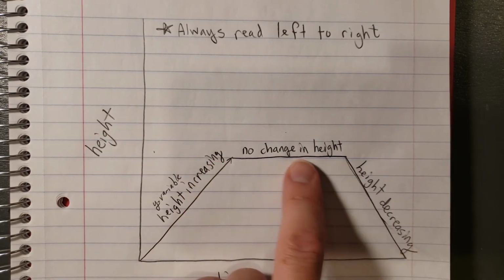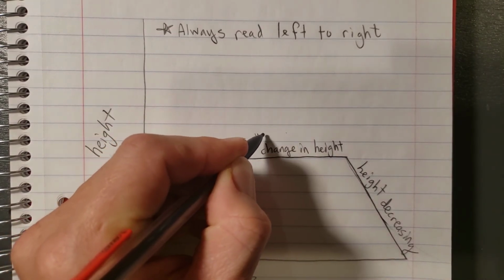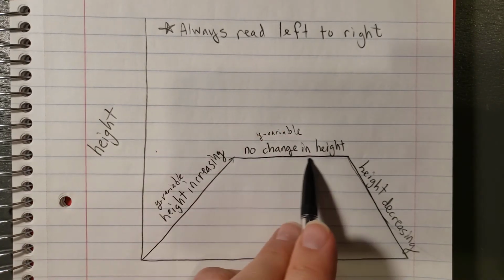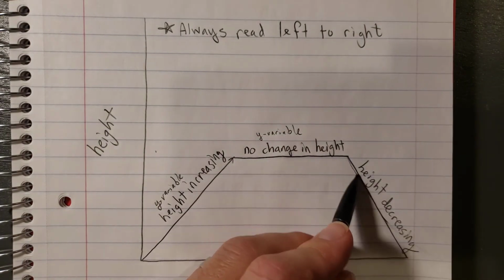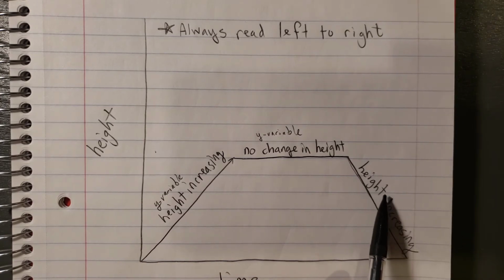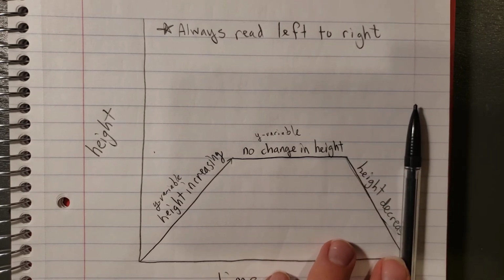If we have a horizontal line, that means no change in the y variable, or in this case, the height has no change. And then we have a decrease. Time is still increasing, so don't get confused there. We're still going left to right. We can't go back in time or pause time.